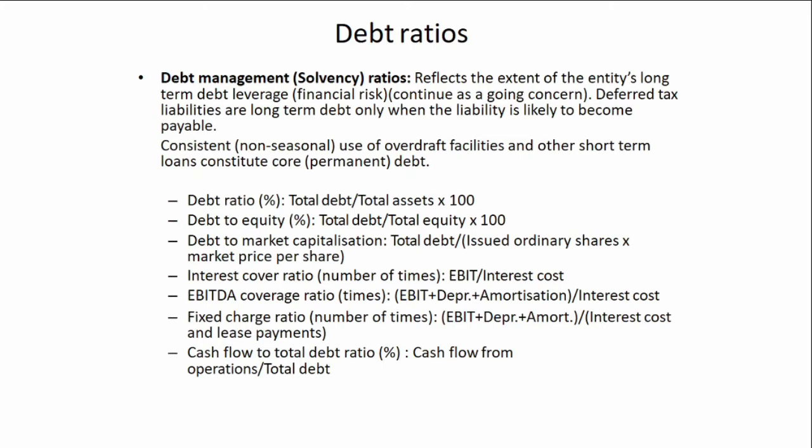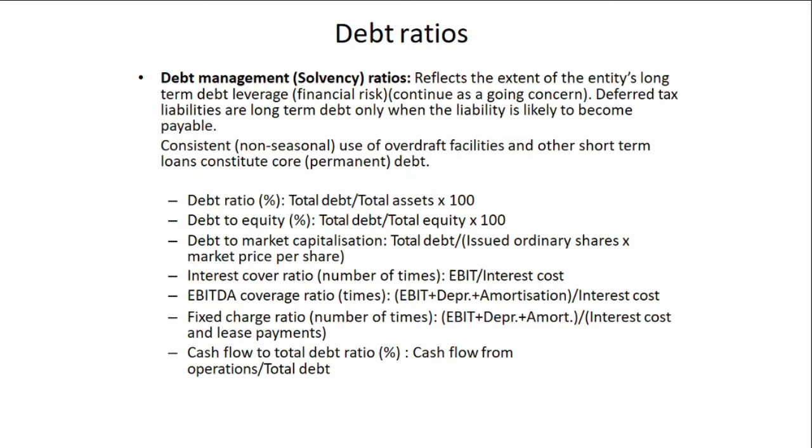And while a very high ratio would be unattractive because of the high level of risk, a very low debt ratio would also be unattractive because of the returns that could be leveraged, which have been foregone. The debt-equity ratio is similar to the debt ratio, except the debt-equity ratio measures the ratio of interest-bearing debt to total equity. So this ratio indicates the extent that interest-bearing debt is covered by shareholders' funds.